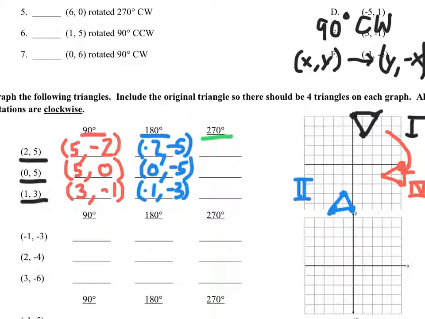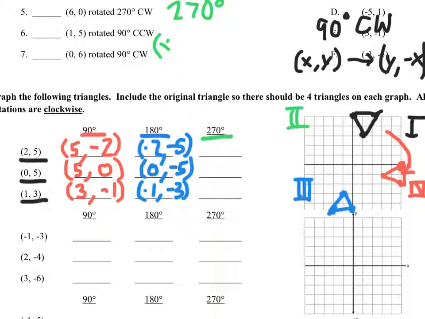All right, finally, for a 270 degree rotation, if you can visualize it, that's great. We know it's going to end up in quadrant 2. And a 270-degree rotation from our table in our note packet looks like this.